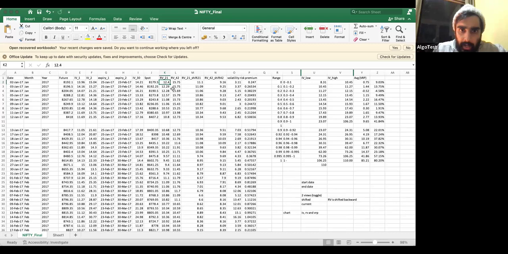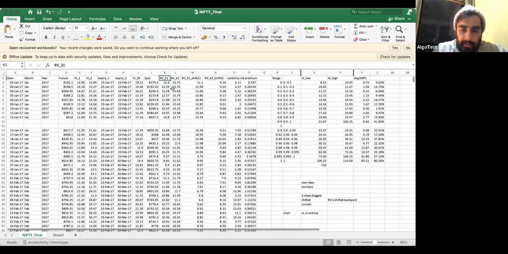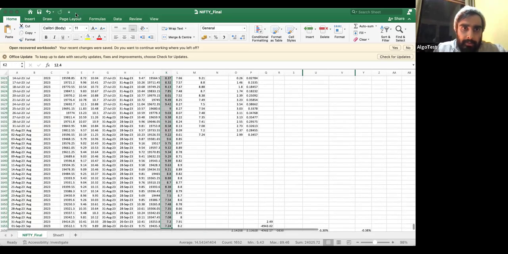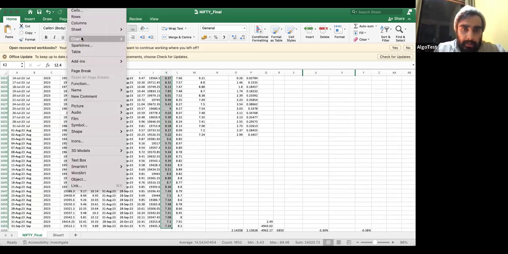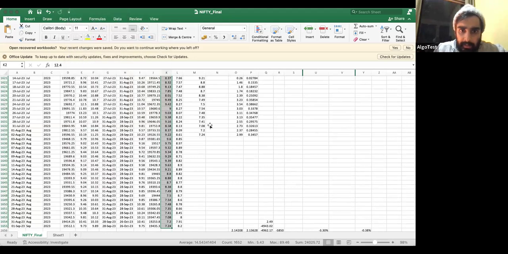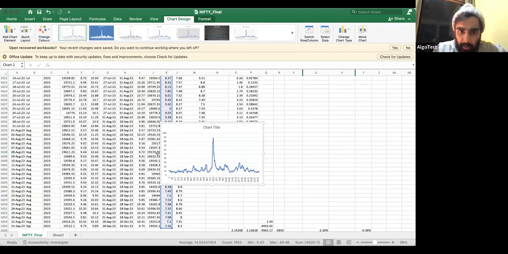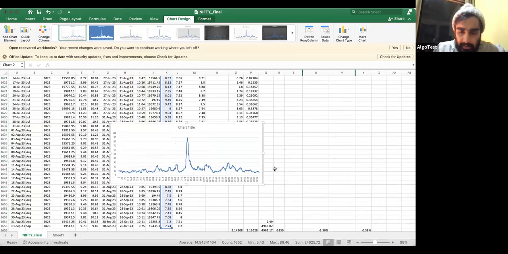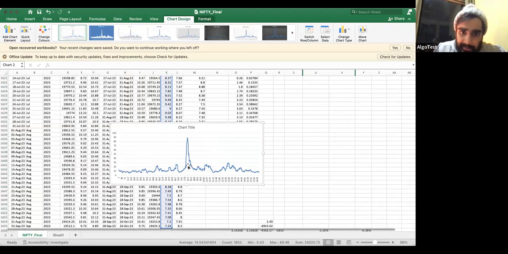Okay, so this RV21 is essentially, let me plot this. Insert chart line. So notice, guys, this is the 30 calendar days or 21 trading days roughly की realized volatility. Okay, so I've plotted this realized volatility. These are the annualized standard deviations.